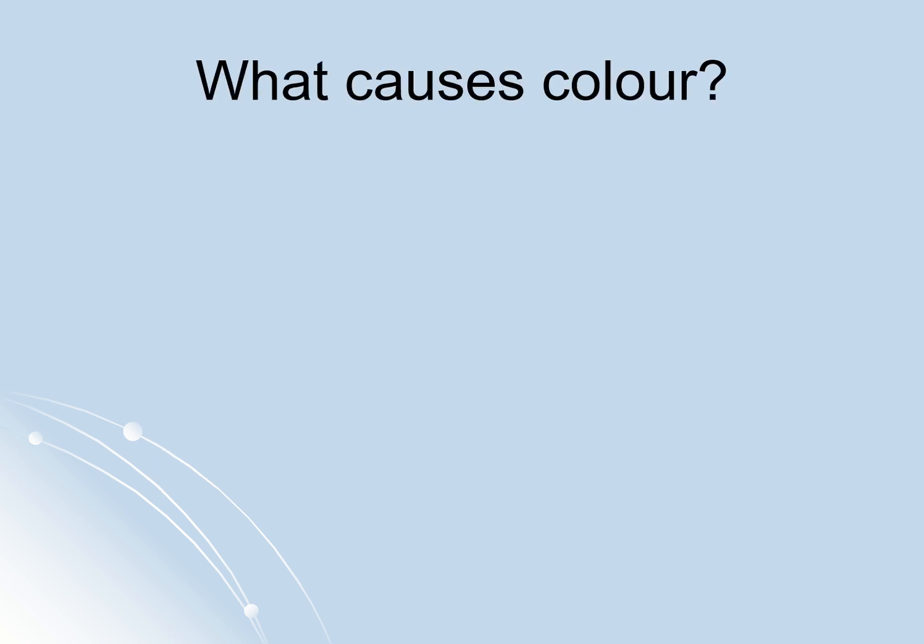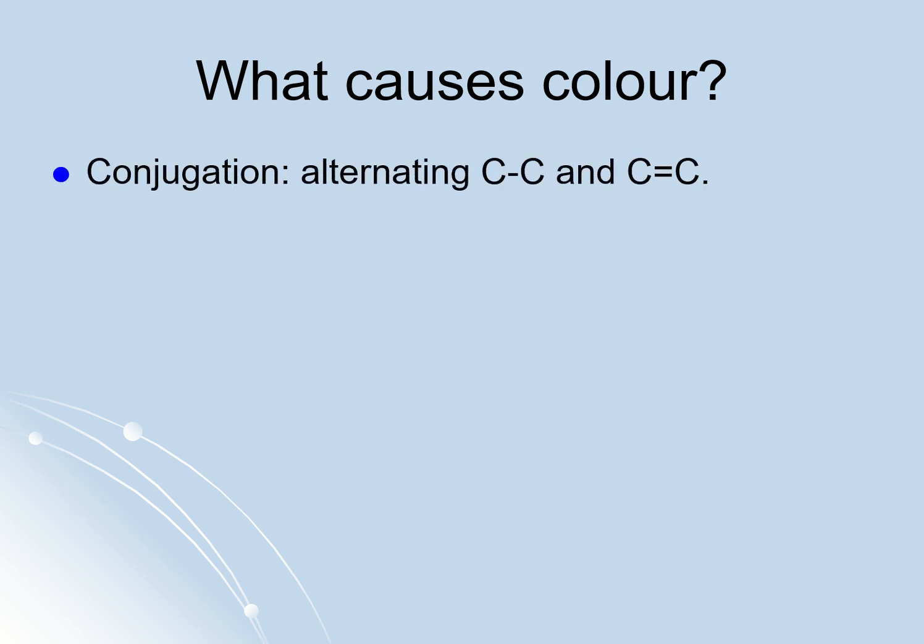Right, so what is it that causes this colour? In order for colour to be apparent, we need conjugation within a molecule, and that means alternating double and single bonds. Now that does not always give us colour. For example, in benzene we do not have colour, even with alternating double single bonds.